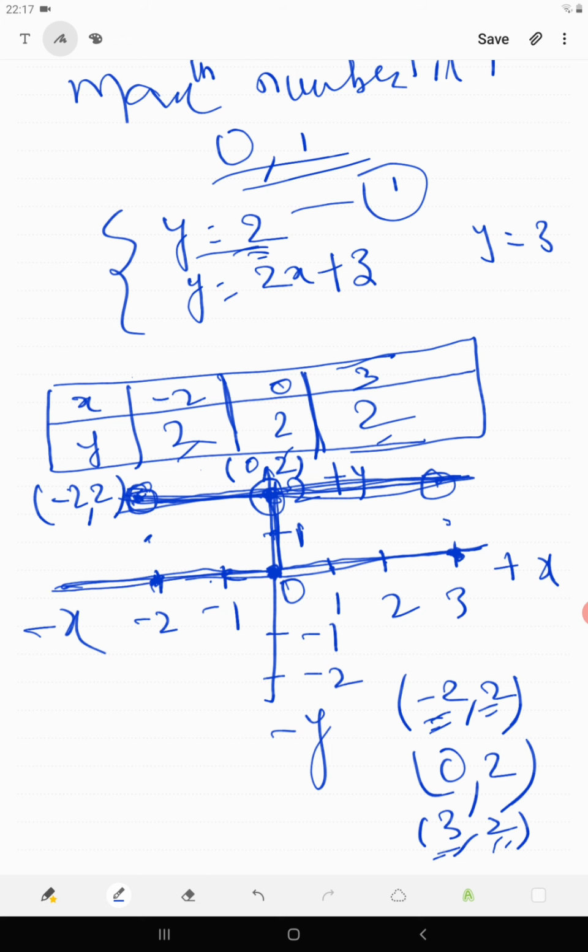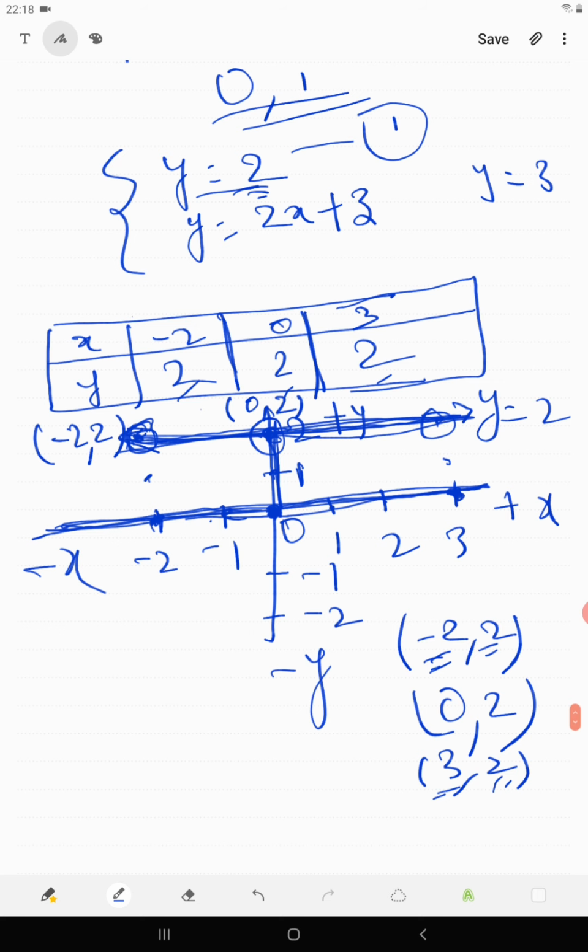This is our axis for x. The given straight line y equals to 2 doesn't meet at any point on the x-axis. So in this case, our number of 0 is 0.